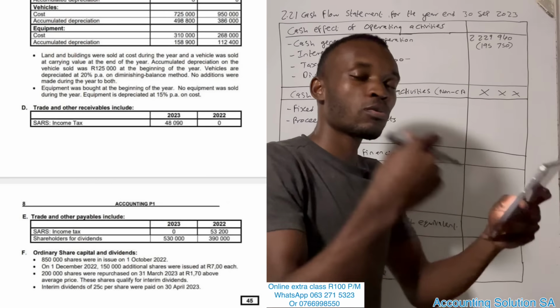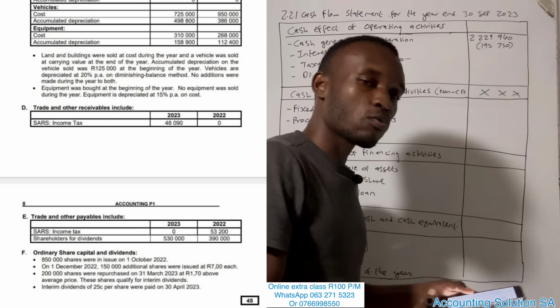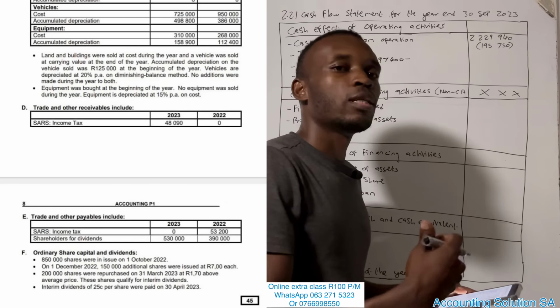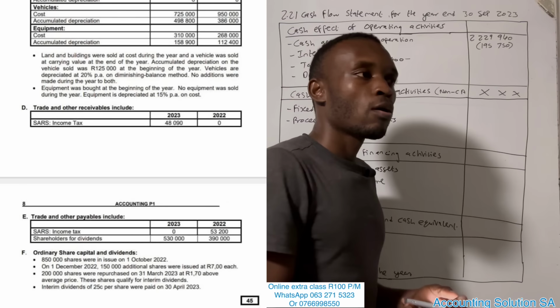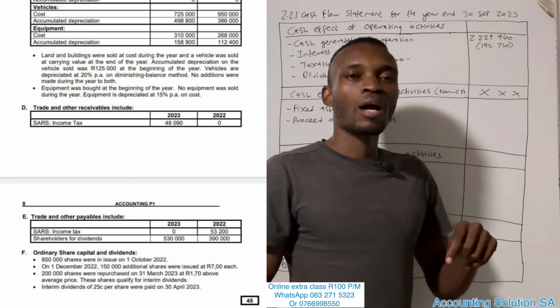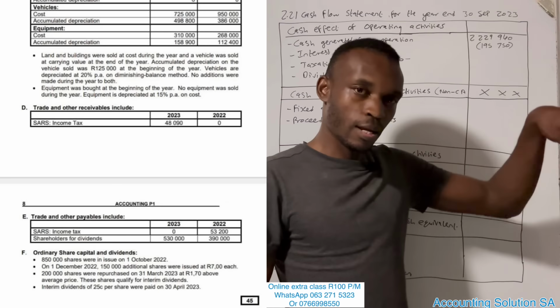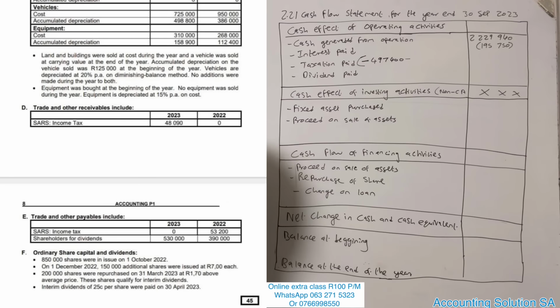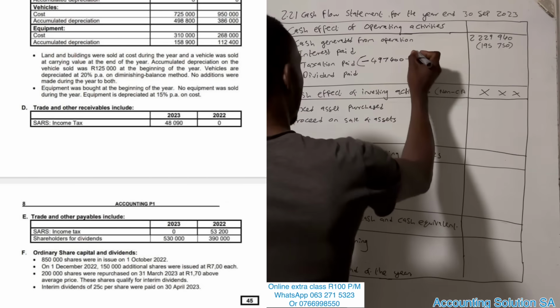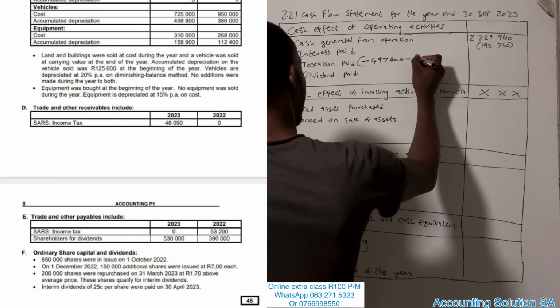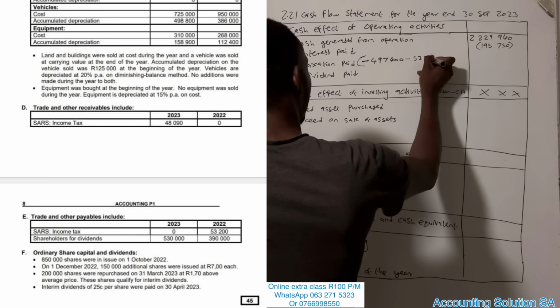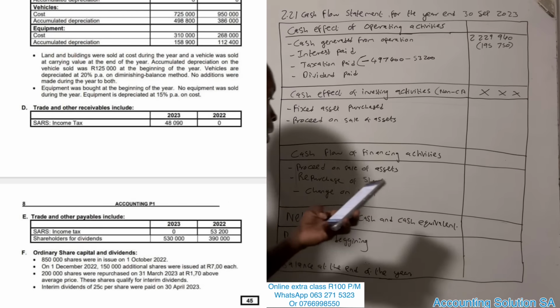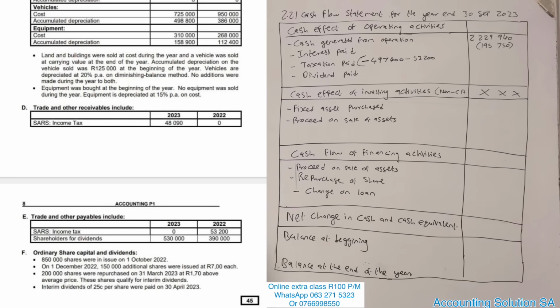In 2022 we owed them, now we're in 2023, we can't say we didn't pay them. If we didn't pay them in 2023, do you want to pay SARS the following year? You can't skip a year, it doesn't work like that. They can arrest you. So it has been paid. Its outflow is minus 53,200.